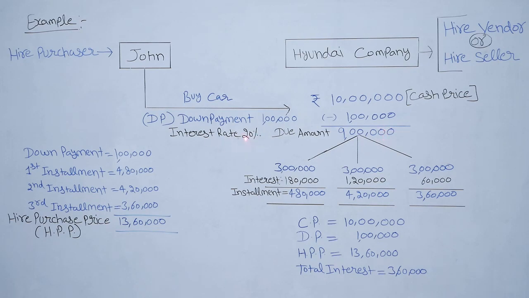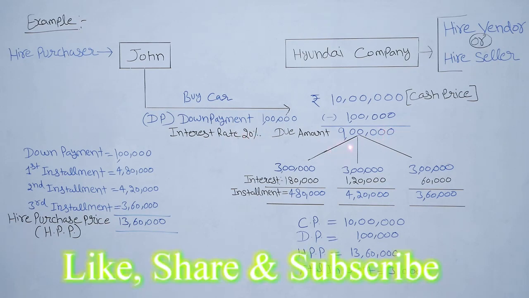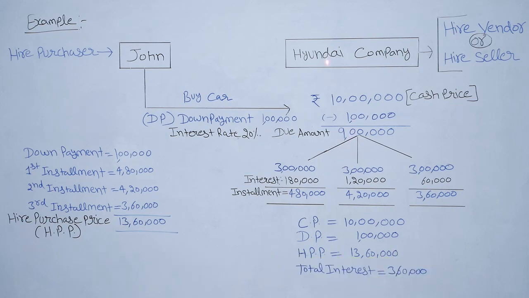Interest rate is 20%. Suppose John has to pay 9 lakh rupees to Hyundai company in 3 equal installments. So 9 lakh rupees divided by 3 is equal to 3 lakh rupees per installment. This is the first installment, this is the second, and this is the third installment. Along with the installment, he has to pay interest also.